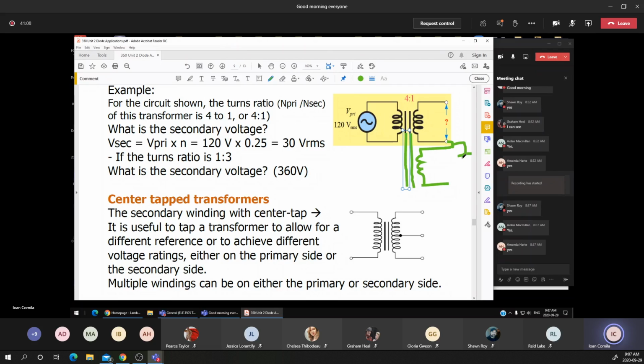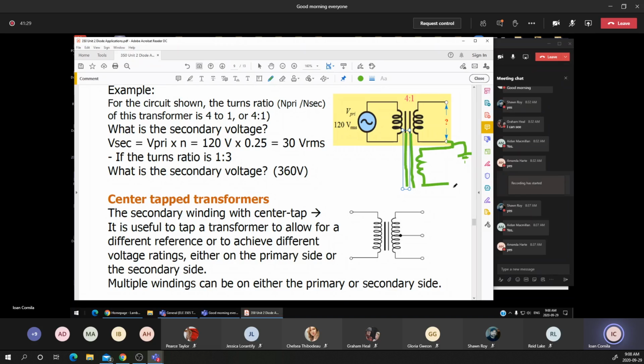Two identical windings means that the voltage between the ground and the top side, and between the ground and the bottom side, will have identical voltages. Remember that we have an AC voltage source.